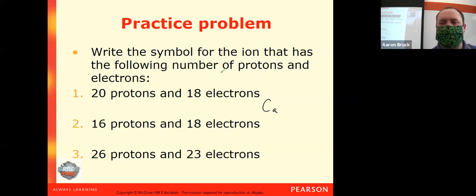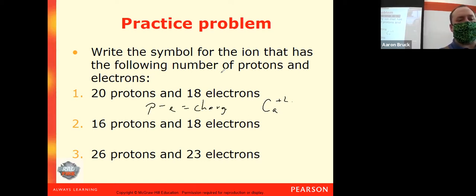Positive 2. Remember, protons minus electrons is equal to charge. So it's not enough just to say positive or negative. We have to assign a value to that positive or negative: -1, +3, -4, whatever the case is.